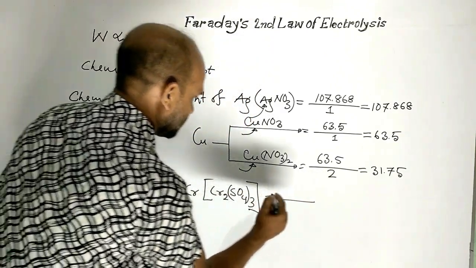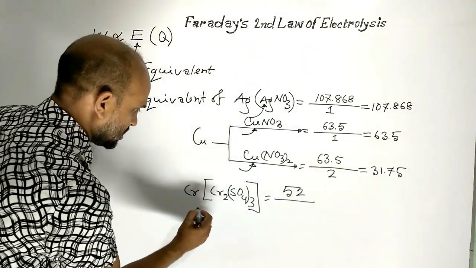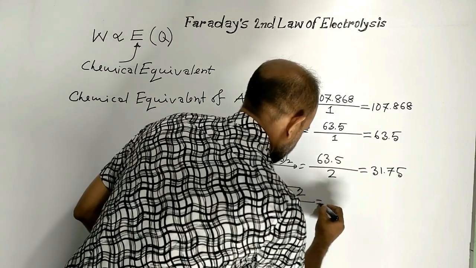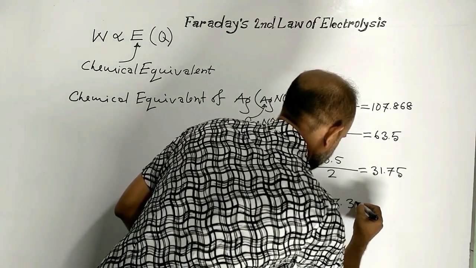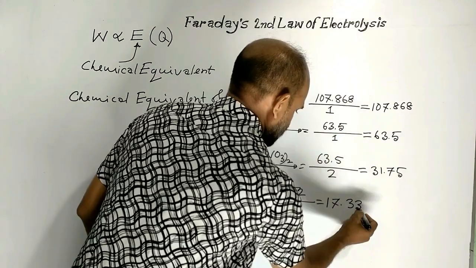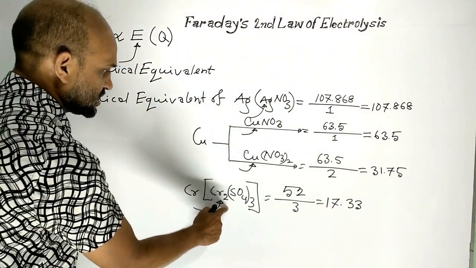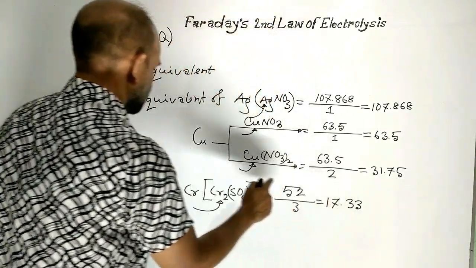Atomic mass of chromium is 52. Here, valency of chromium is 3. It will be 17.33. So, chemical equivalent of chromium in chromic sulfate is 17.33.